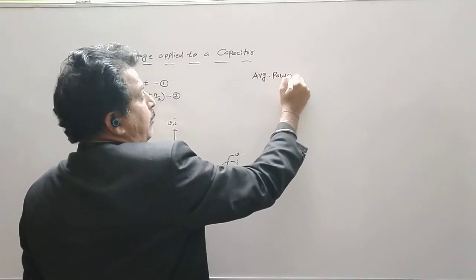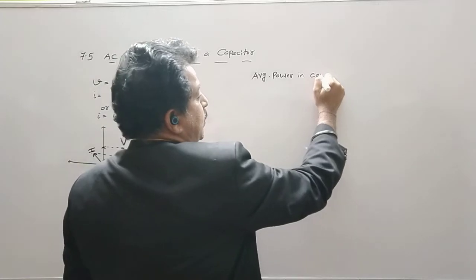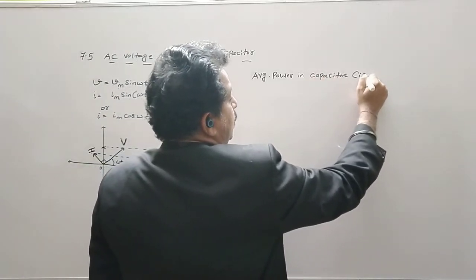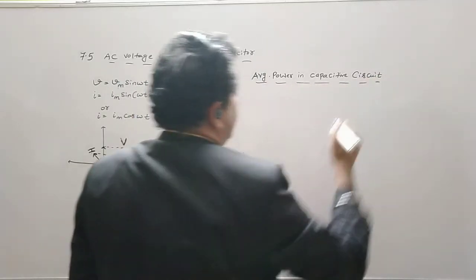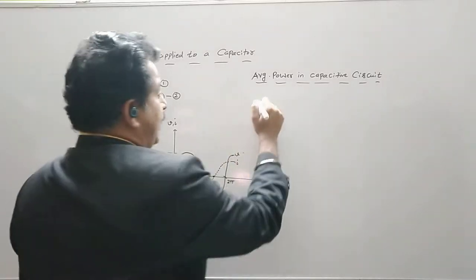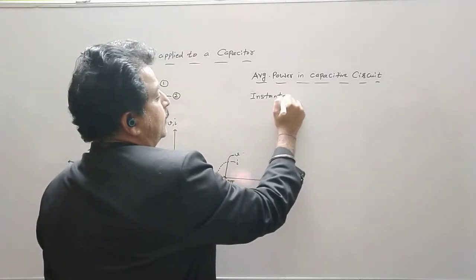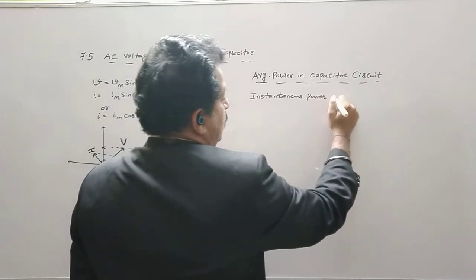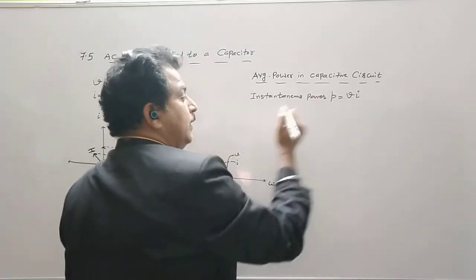So average power in a capacitive circuit. The steps are similar to the inductive circuit, where first we write the instantaneous power. The instantaneous power, small p, is equal to small v into small i.